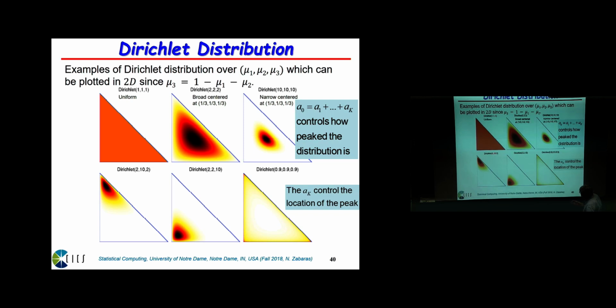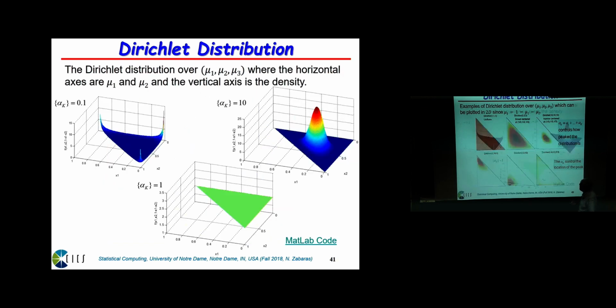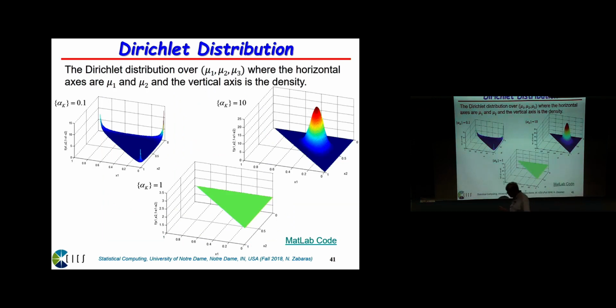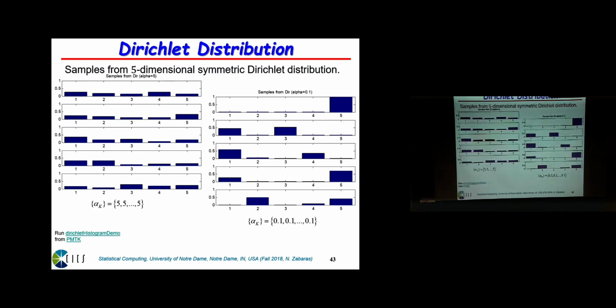So if you put a 10, this is concentrated here, this is concentrated there, and similarly if you put the 10 on the front one, you will be concentrated there. There are lots of little programs you can run to see how you plot these distributions in 3 dimensions. And this is actually an even more important piece.